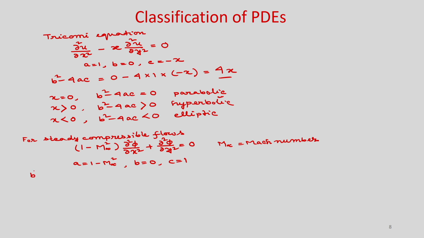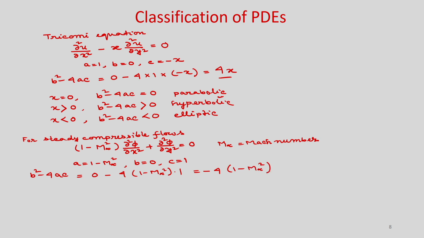So, you will find b² minus 4ac is equal to 0 minus 4 (1 minus M∞²) into 1. Okay. So, it will be minus 4 (1 minus M∞²).